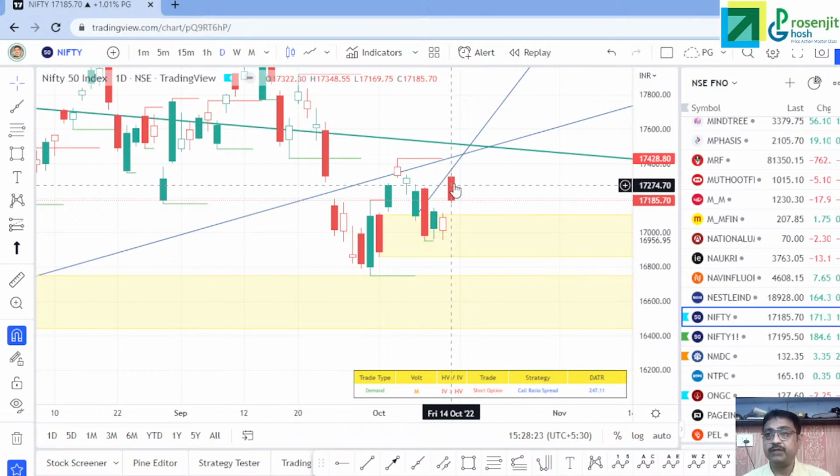When we look at a candlestick, we try to understand whether, when this candle formed, a lot of buyers got stopped out.